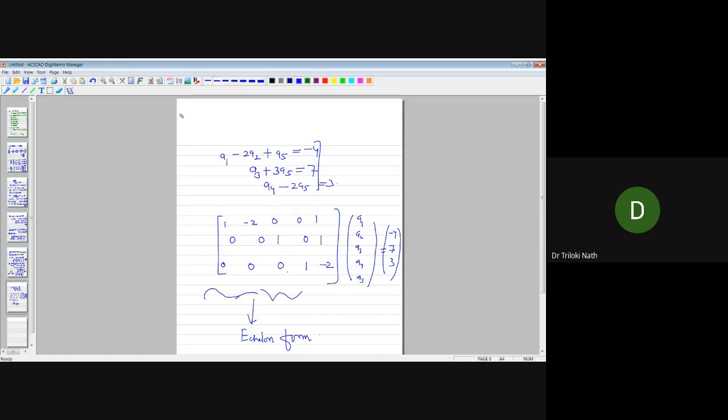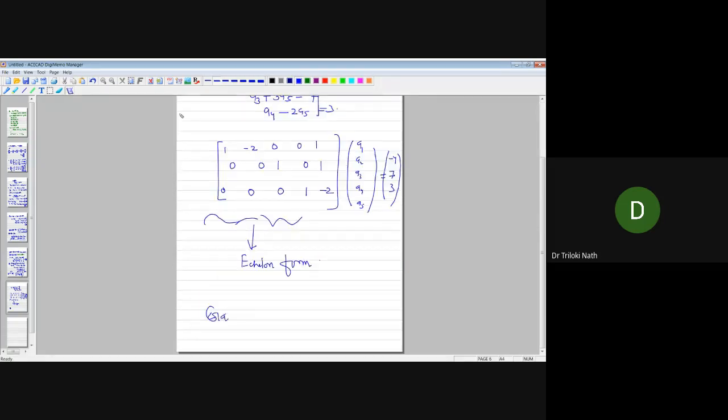The third starts with 1, because it is last. So this is called echelon form. And this process is called the Gauss elimination process.